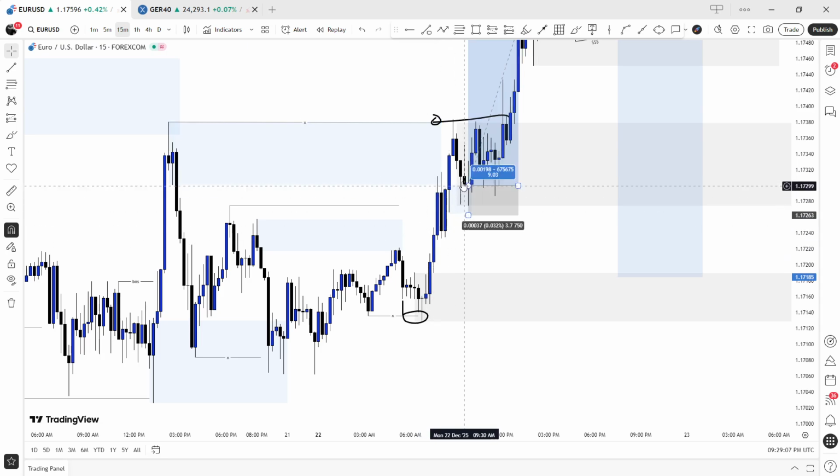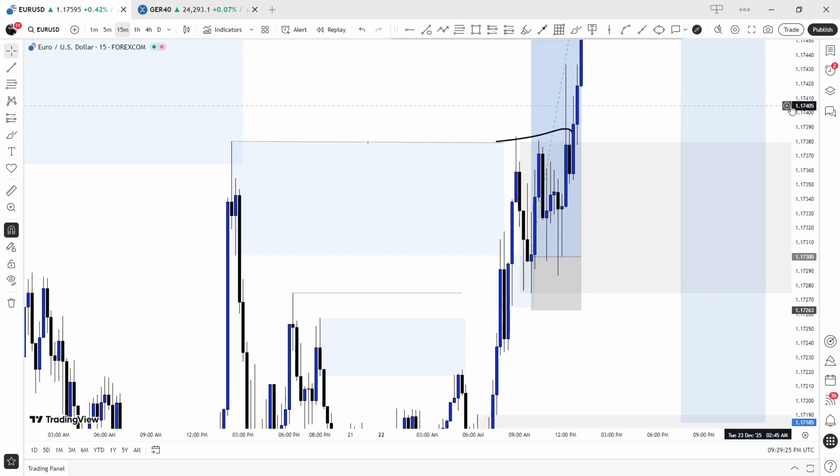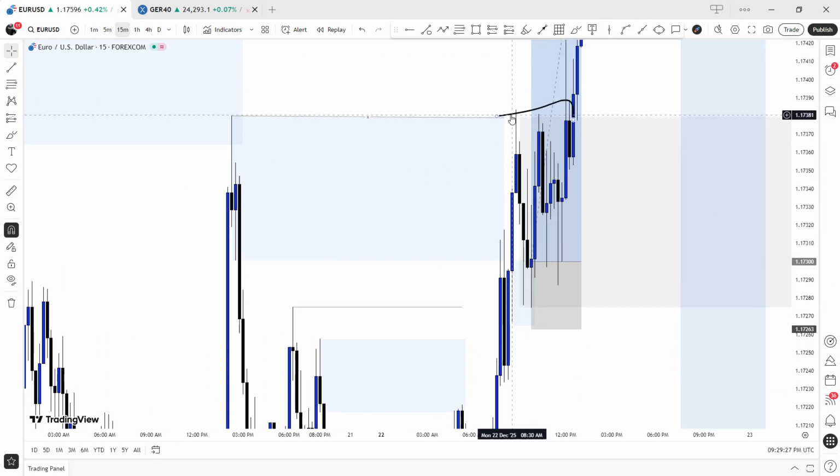So we had the 15 minutes POI over here, which was the last POI before price came to sweep the high over here. So although this POI isn't really the best of POIs, I mean, you would easily miss it if you are not attentive.